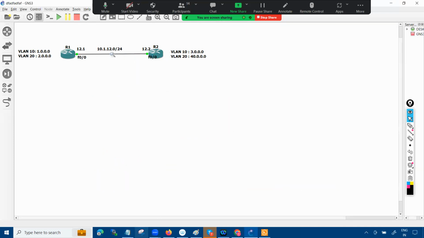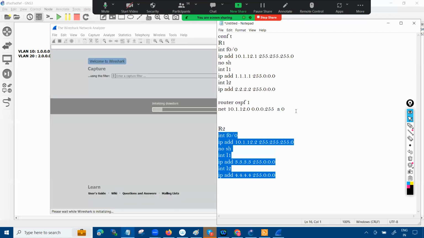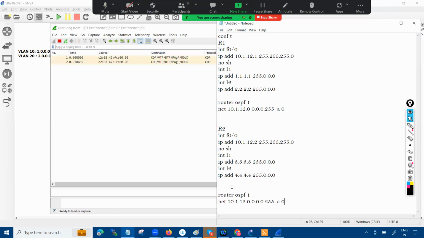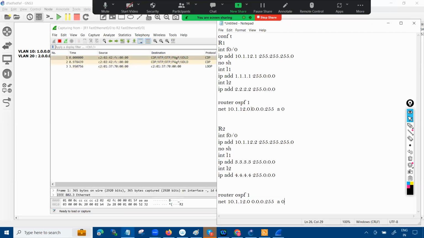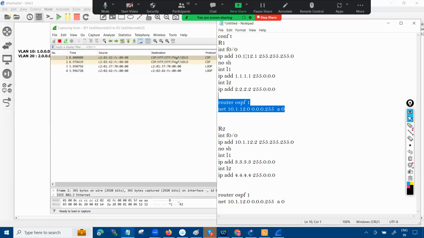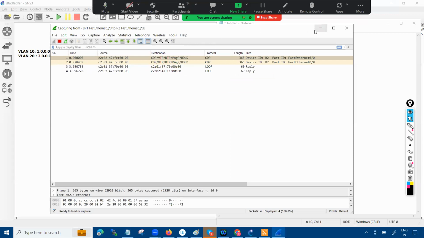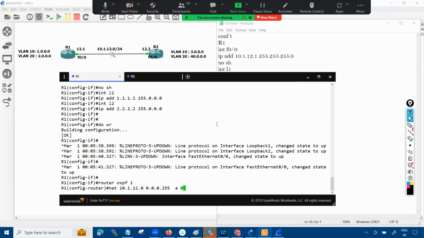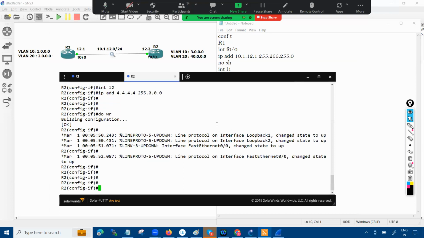I've already explained the hello packet. If you guys remember, I'm just recapping one more time. I'm just going to advertise only the physical interface right now, not the loopback interface. So let me put this command on router 1 and router 2 as well.